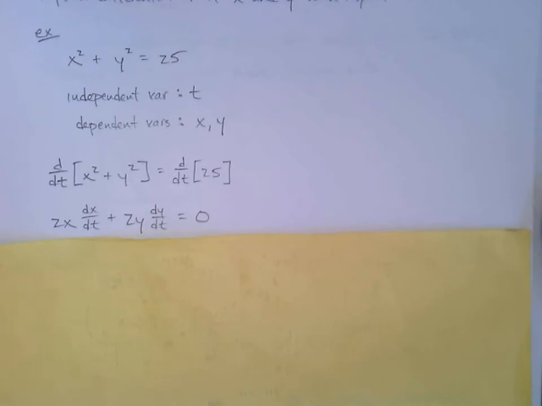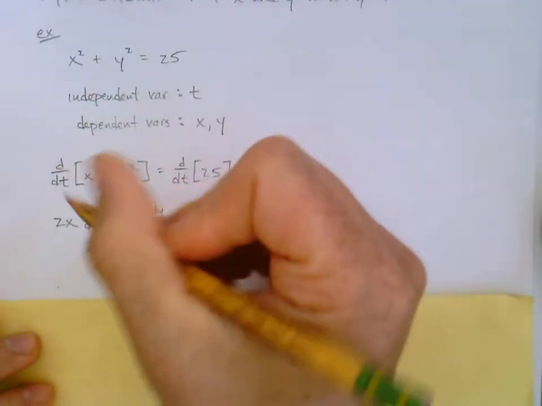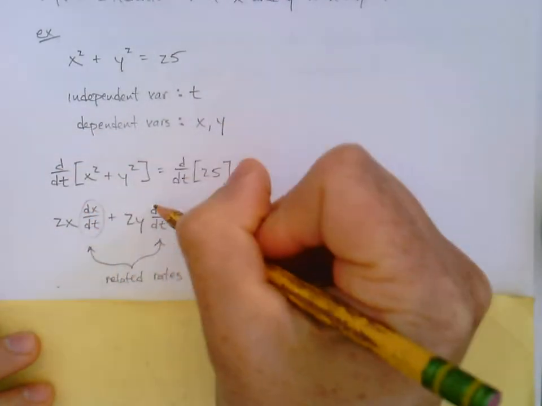I think this gives us enough practice just to get our feet under us of where we're going to go in examples. This also explains the name of the section, related rates. As you notice here in this equation, we've got a dx over dt and a dy over dt.